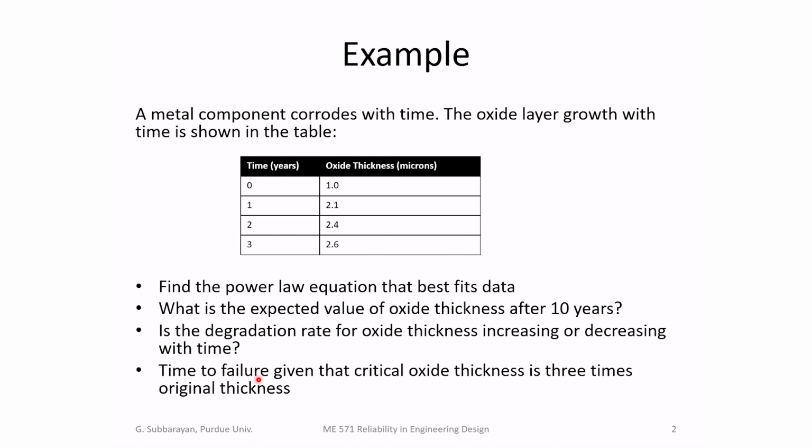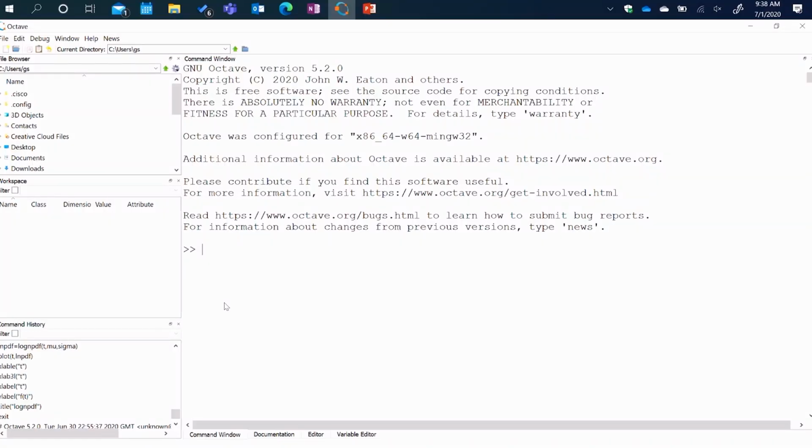Now, as with any data fitting type problem, it's very convenient if you could use the mathematical tools, the programs that we have at our disposal. In our case, it is Octave, and that's what we are going to use to do this modeling.